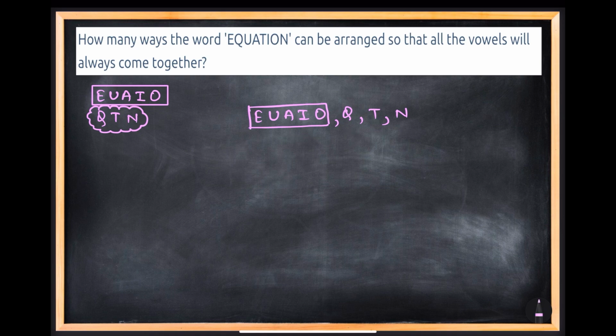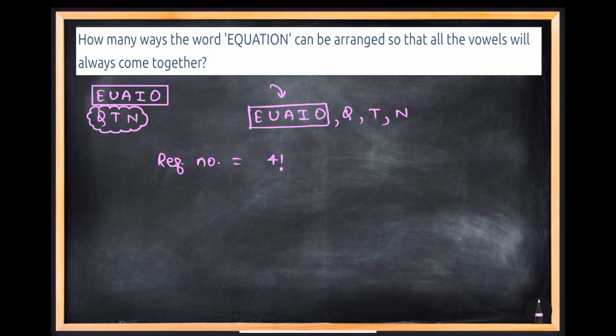Now we will arrange them. So the required number: there are 4 members, so 4 members will be arranged in 4 factorial ways, correct? Because there is no repetition. Now if you observe this box, internally all these 5 letters can arrange themselves.